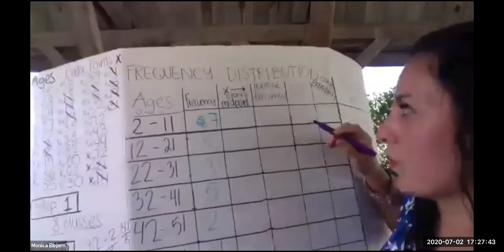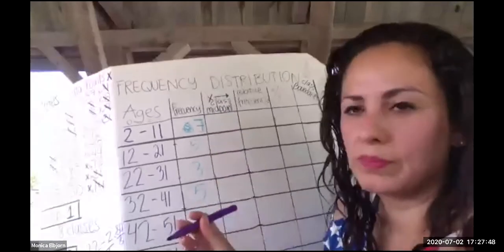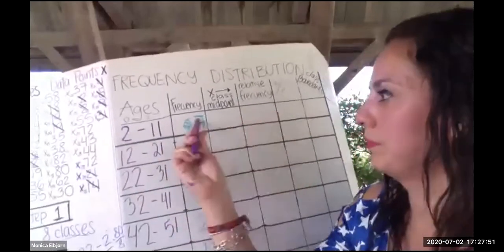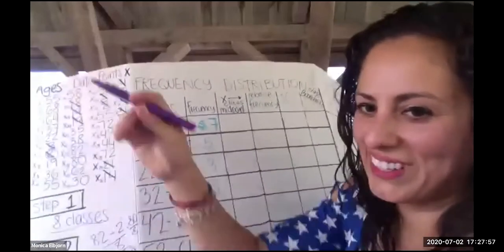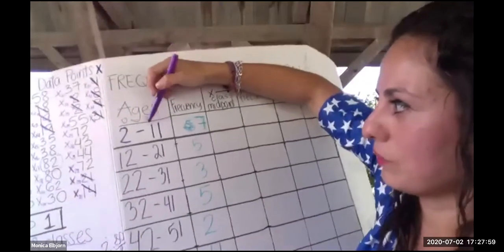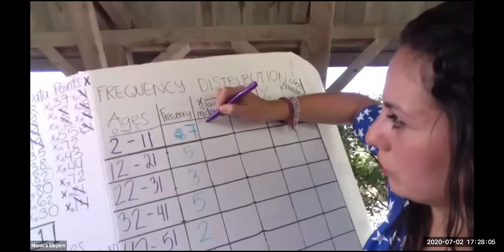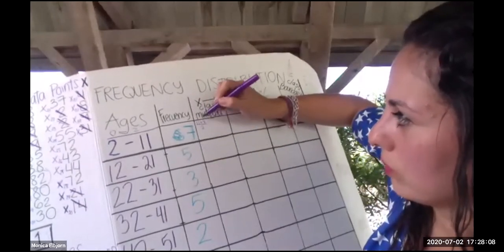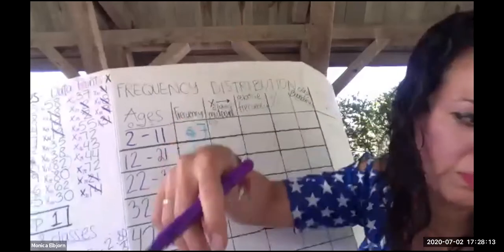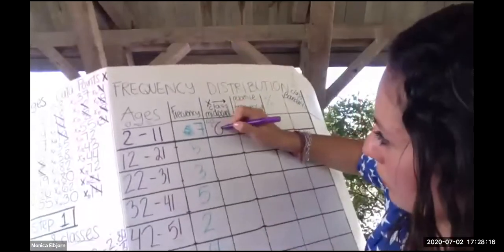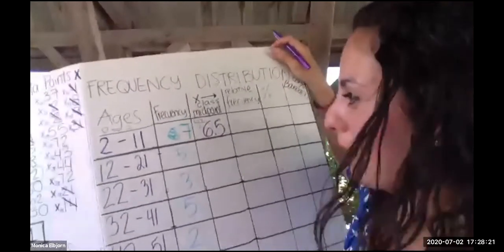Okay, coming back to the question on the midpoint, how do we get the midpoint of this class? Very good. So we take the upper class limit, which is 11, plus the lower class limit, which is 2, divided by 2. So 11 plus 2, that's 13, divided by 2, 6.5. Okay, get your calculators out because I'm going to need some help.